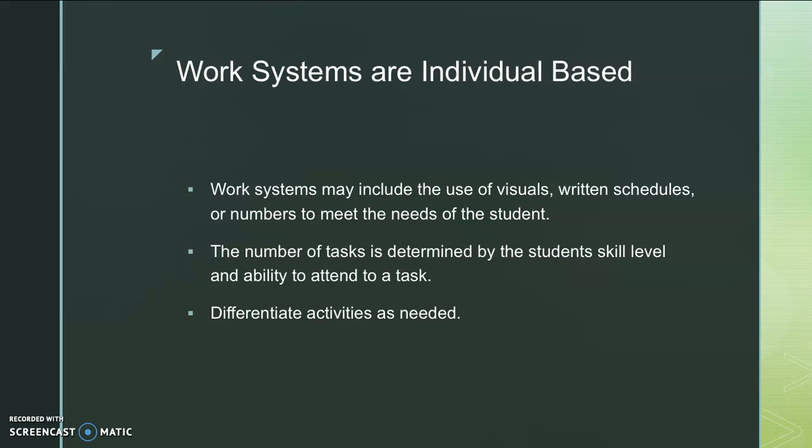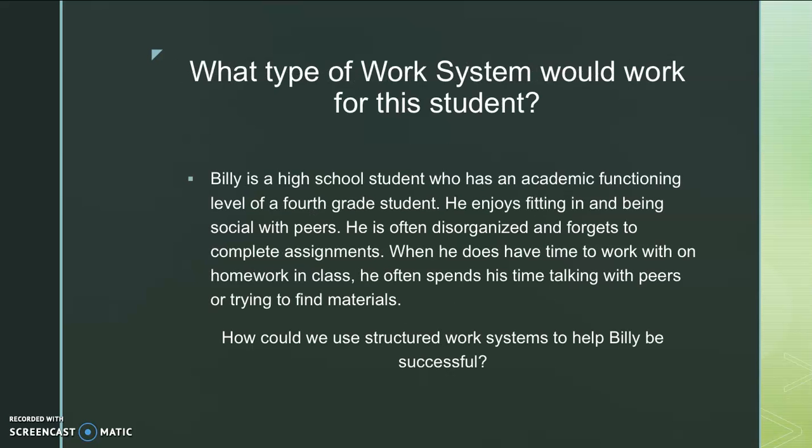However, if we know that the student can be successful and have attention, then we may give them 3 or 4 tasks. It is also important to differentiate activities as needed. For example, we may give them puzzles and file folders and put in tasks all in the same work system. Giving them flexibility and keeping them engaged is important to this process.